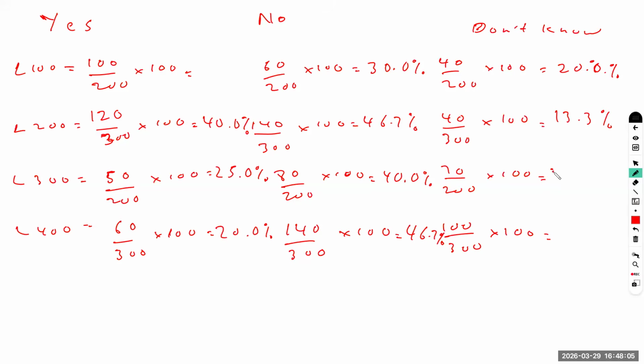So 35%. Then the last one, and we have 33.3%. 33.33%. And please, your name. It's Frederick, or say Mesa.